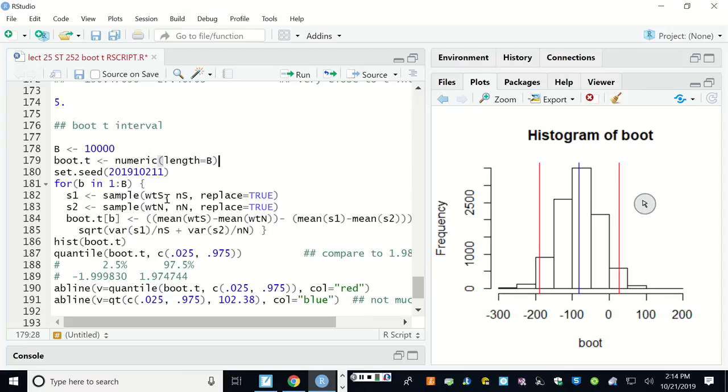So we're going to have the x-bar difference from our bootstrap samples minus the x-bar difference from our actual samples, divided by an estimate of the standard error, and this is the one from the unequal variances. So it looks a little bit more involved to do that. We run all that.